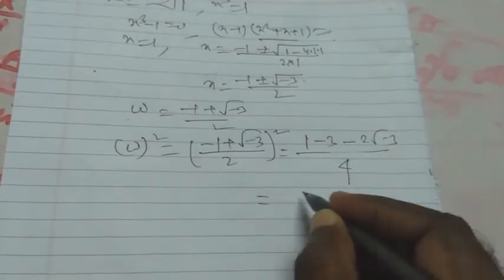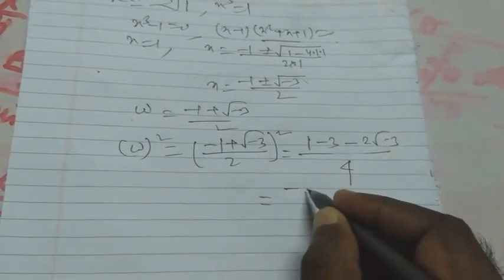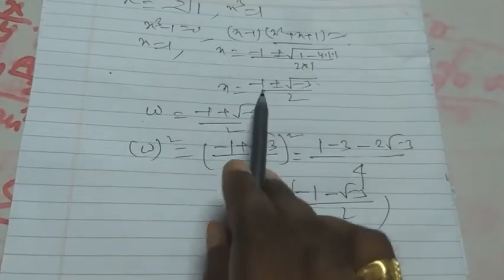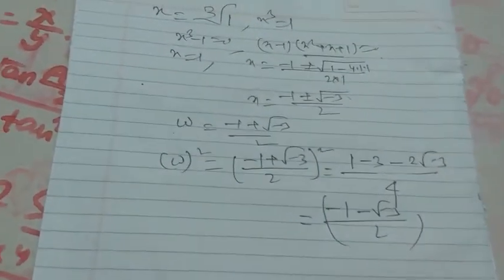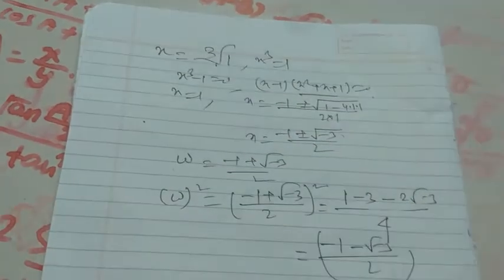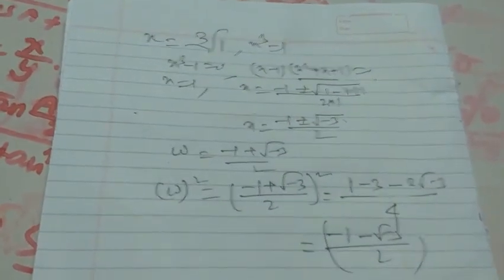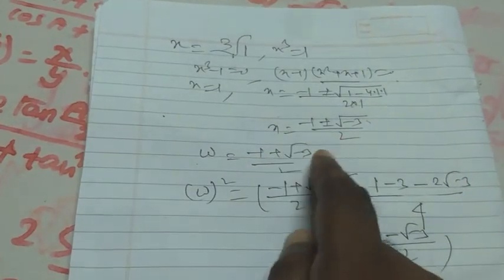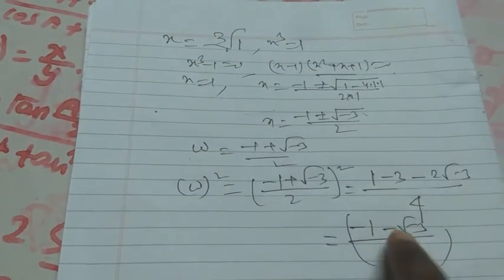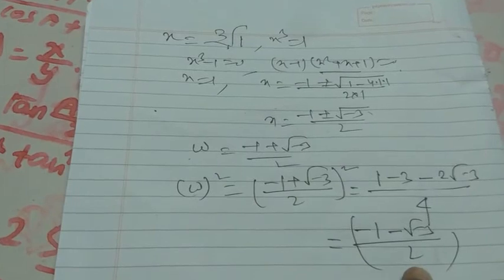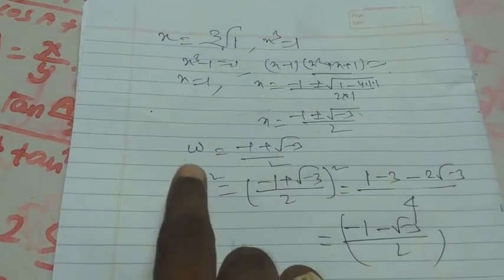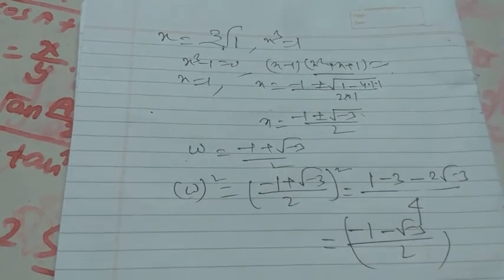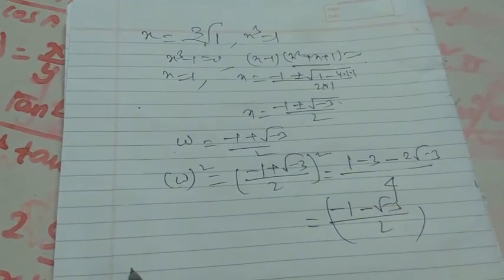See here, minus 1 minus root minus 3 by 2, the other solution. So in this equation for cube root of unity, we got a real solution which is 1, and the others are minus 1 plus root 3 i by 2 and minus 1 minus root 3 i by 2, and if we simply symbolize by omega, and then the other is omega square.